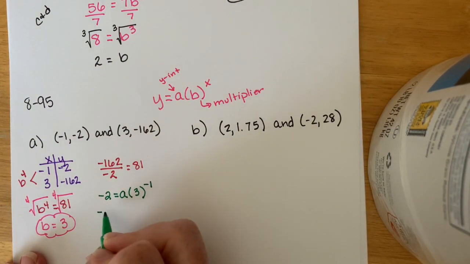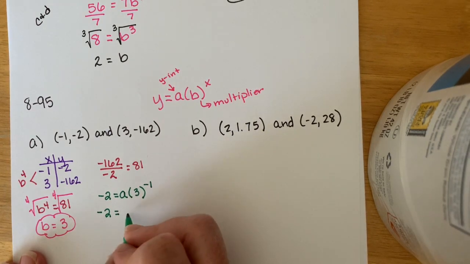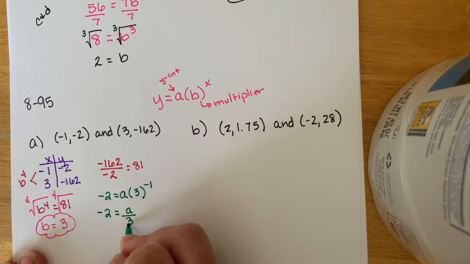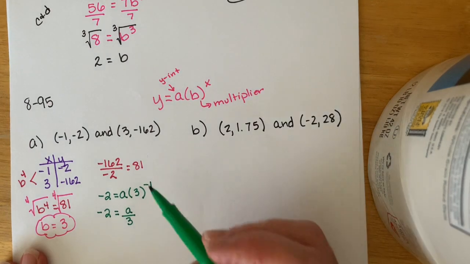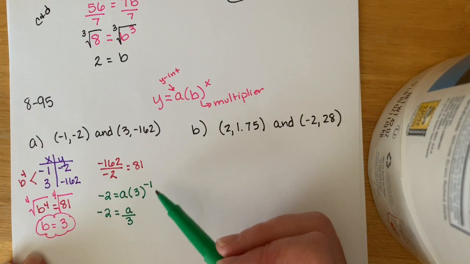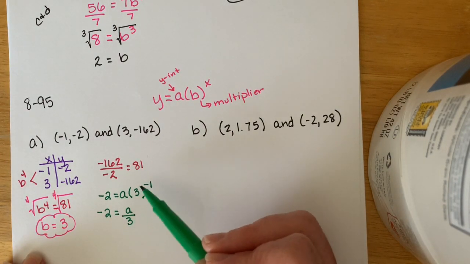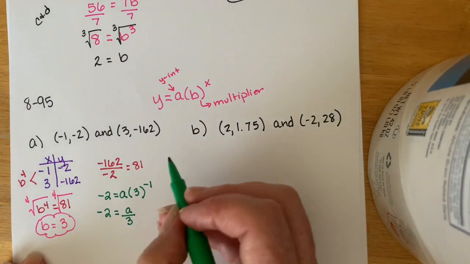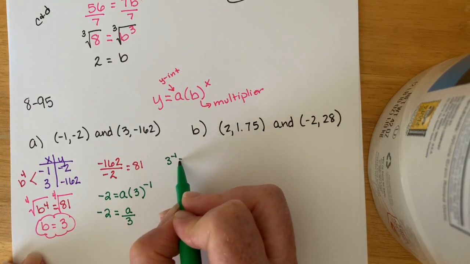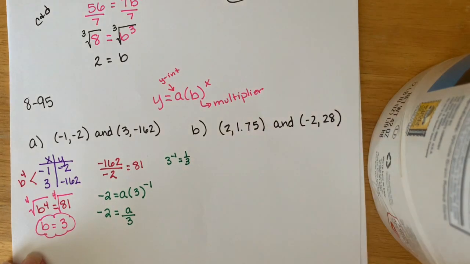So I have -2 equals a over 3. Remember, when you have a negative exponent, that really means that you are taking the reciprocal. So 3 to the negative 1st power was really equal to 1/3.